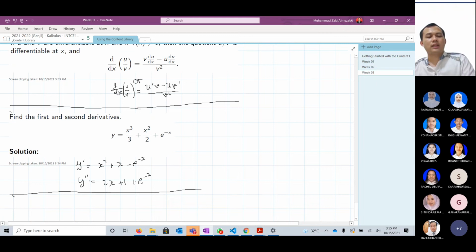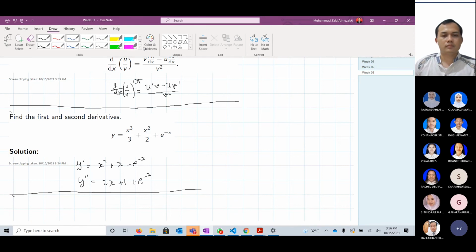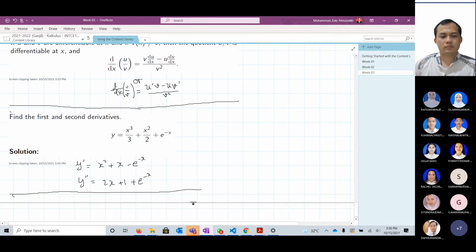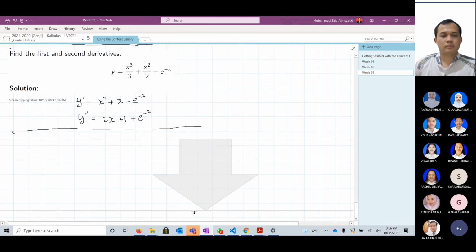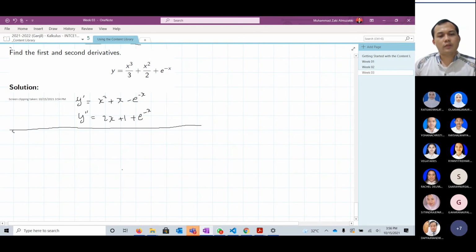Dan turunan keduanya tinggal kita turunkan lagi: x kuadrat jadi 2x, x jadi 1, kemudian min e pangkat min x menjadi plus e pangkat min x. Ada pertanyaan? Is it clear for this example?